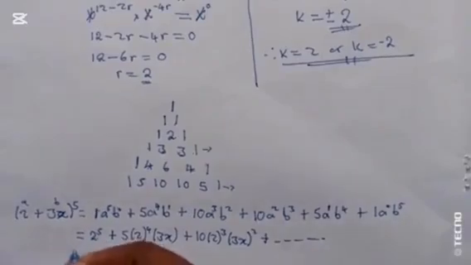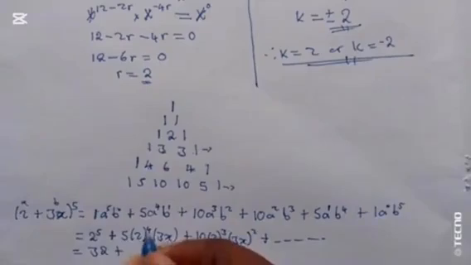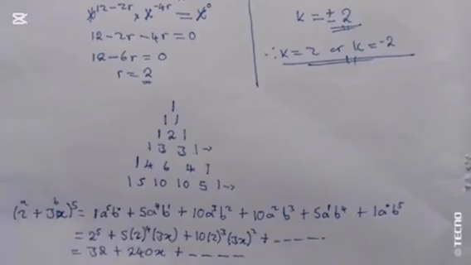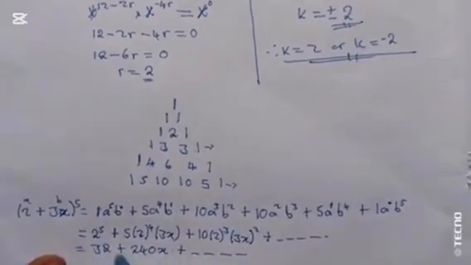Once we multiply this, we are going to have 32 plus 16 times 5 to give us 80, times 3x to give us 240x. Even this one is going to give us x to the power 2, which means this one should be omitted, not considered. So here for this one, I'll end on this one.